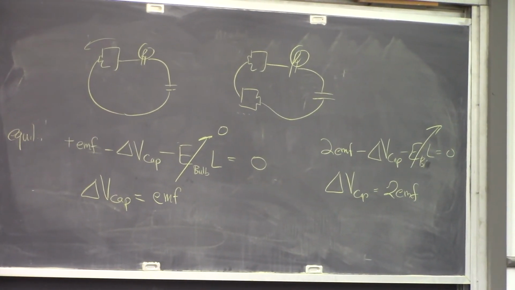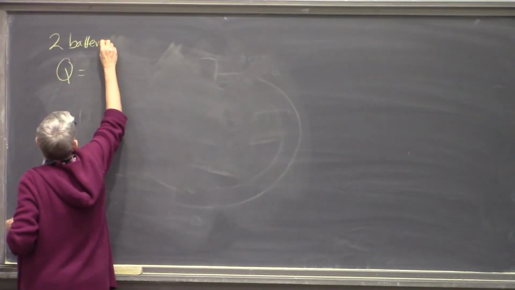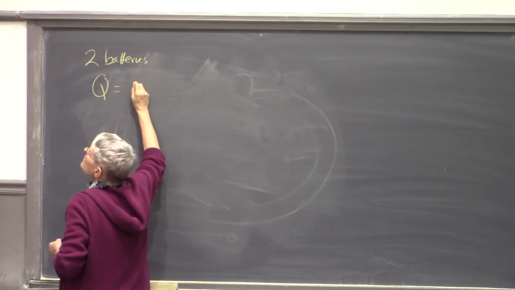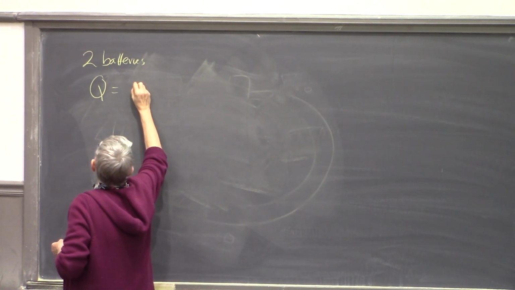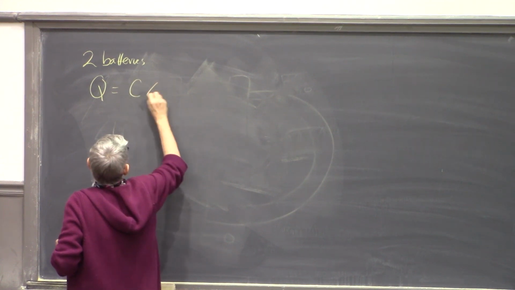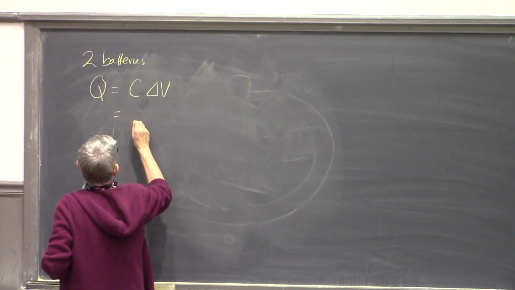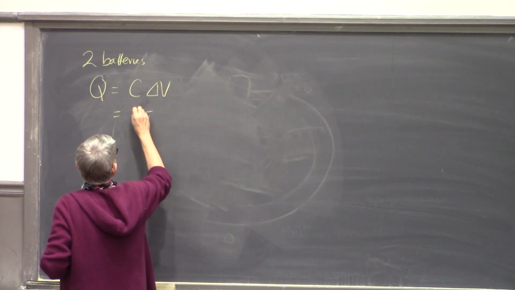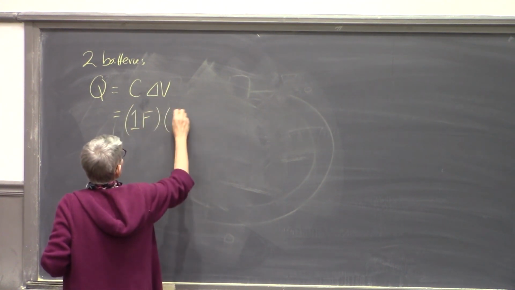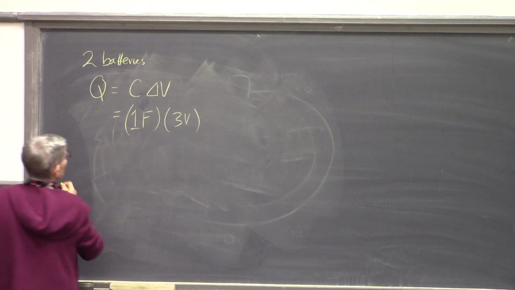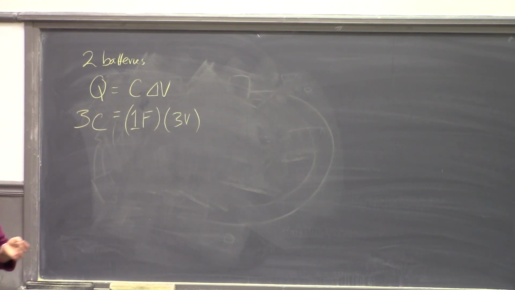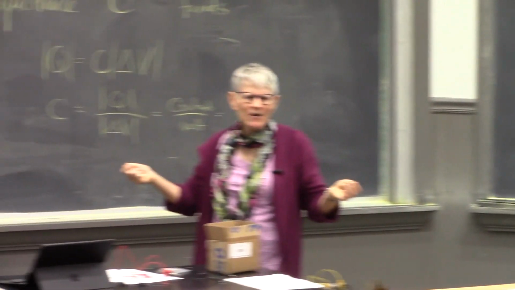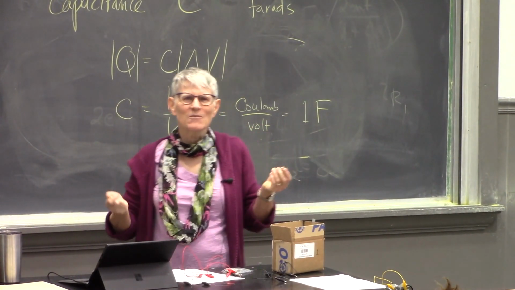Q would be equal to C delta V, so 1 farad times 3 volts. It looks like 3 coulombs. That's a huge amount of charge. That's an insane amount of charge.